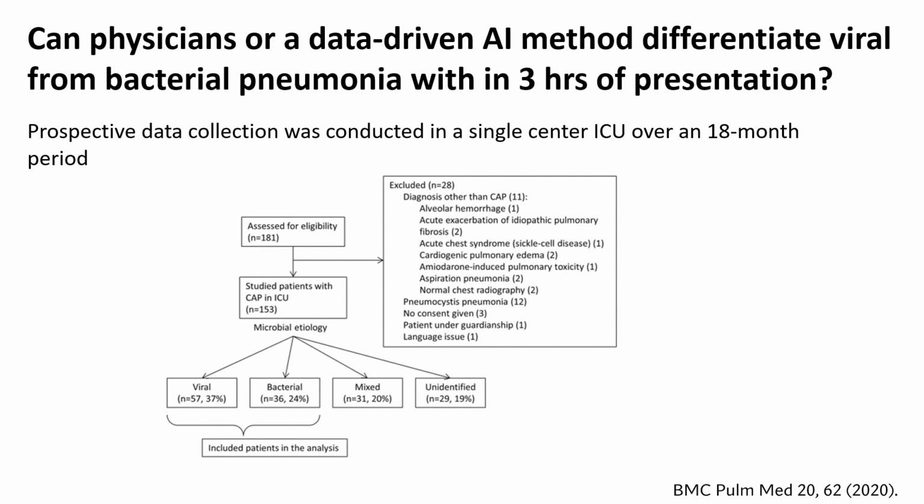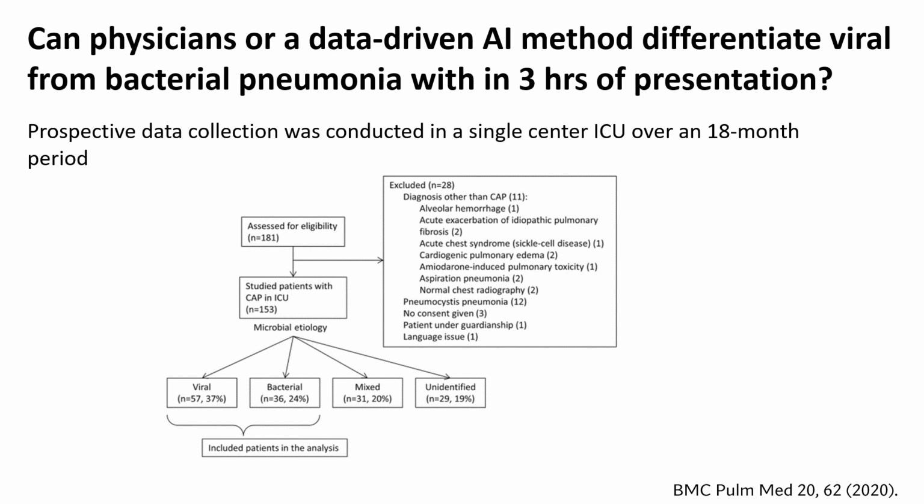Now, apart from early diagnosis of sepsis, one other aspect of utilization of these data-driven AI models include early specification of diagnosis. Just taking an example of typical community-acquired pneumonia and trying to identify the exact etiology, whether it is viral or bacterial.